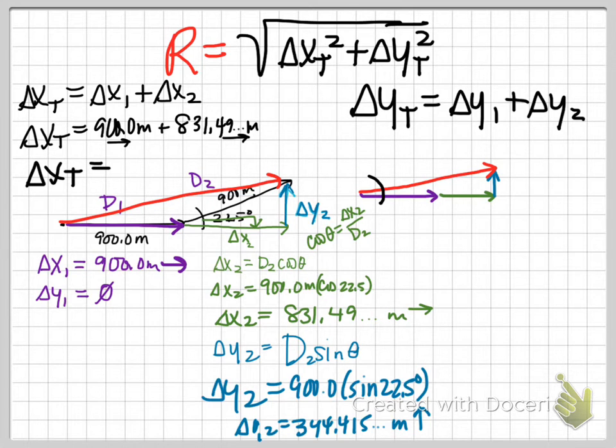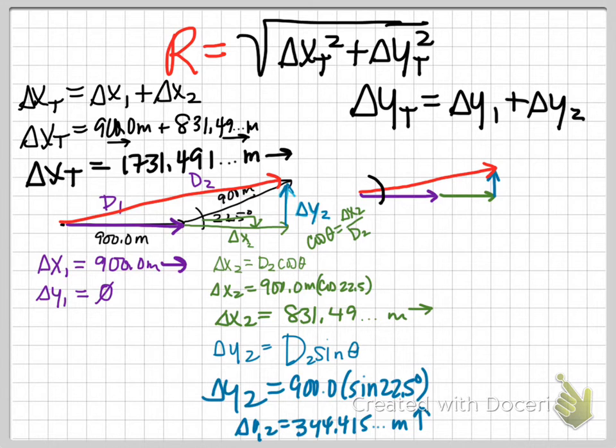Okay, so I shrunk that and moved it over a little bit. What do I get? Notice that I am not rounding anything just yet. So I've got 1731.491 blah, blah, blah meters all that away.